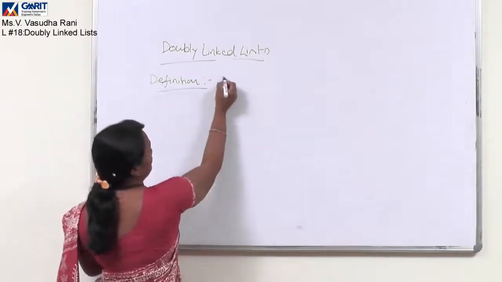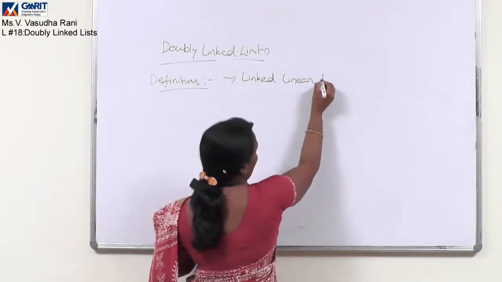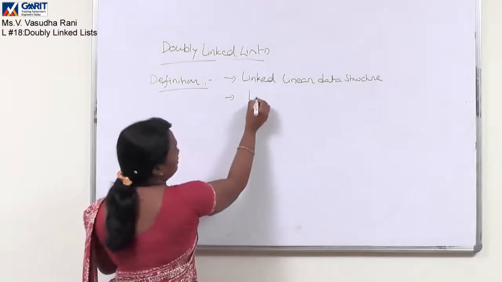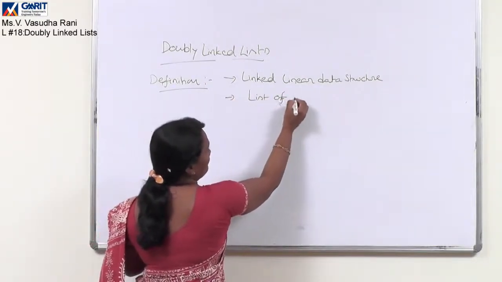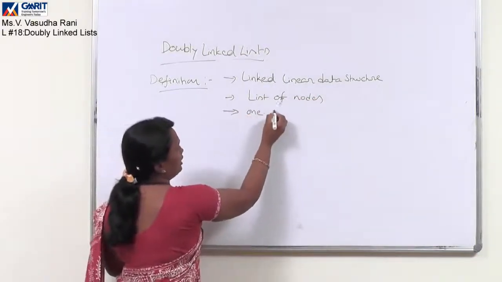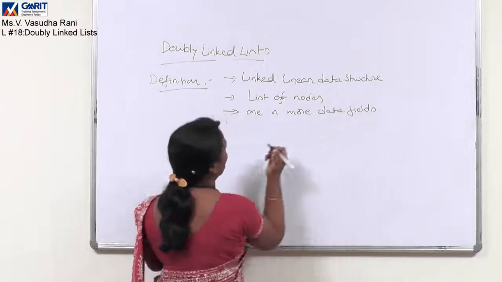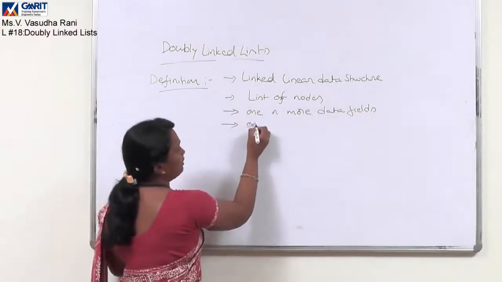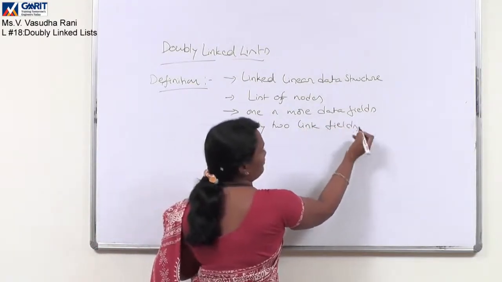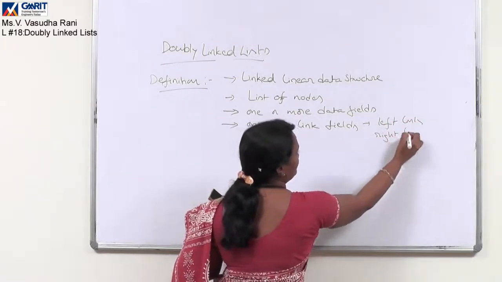So it is a linked linear data structure with a list of nodes, and every node may have one or more data fields, and only two link fields: left link and right link.